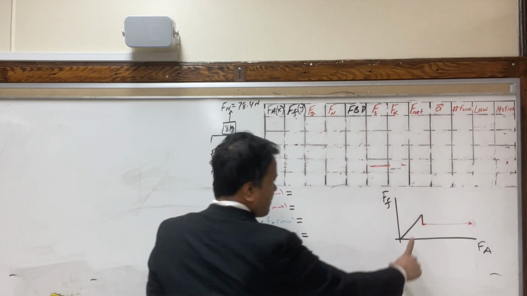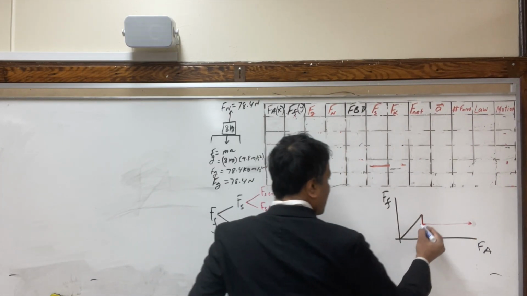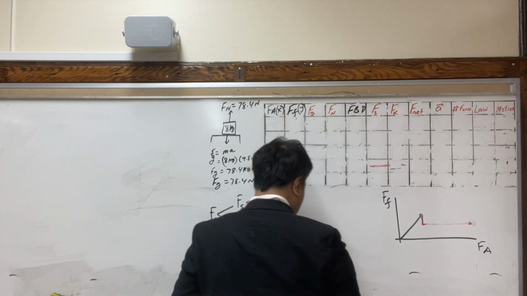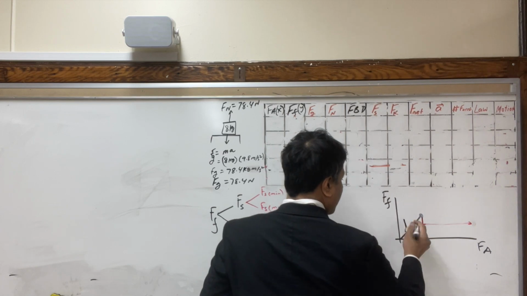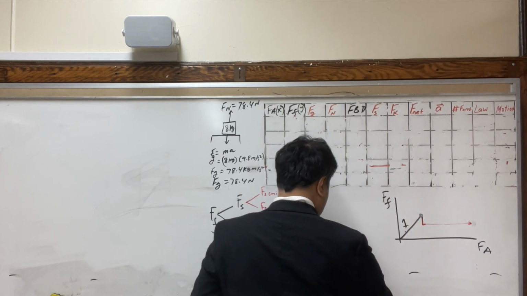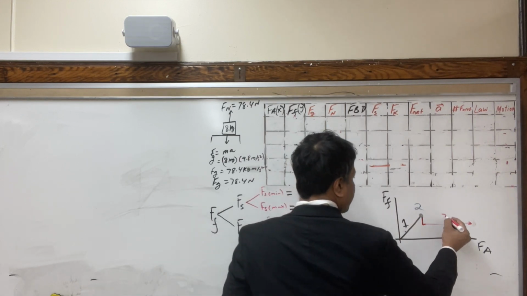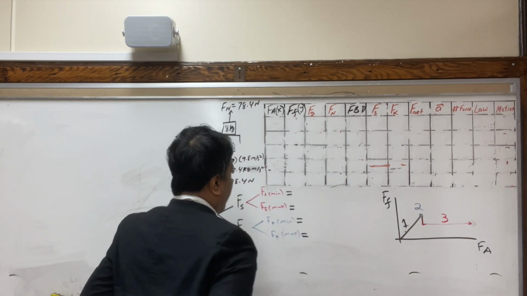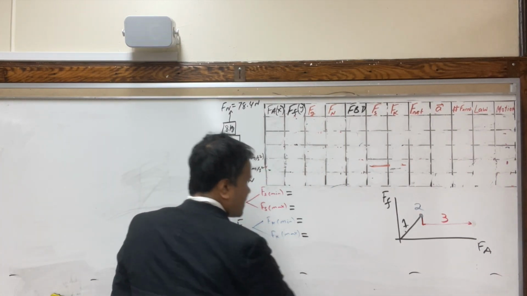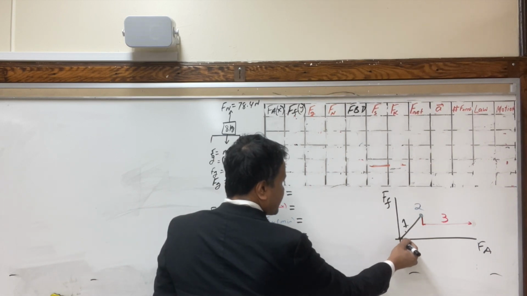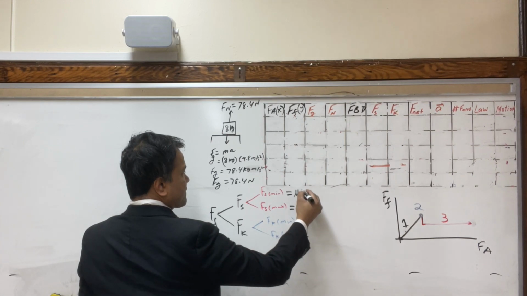It has a black region, a red region, and a blue region. We're going to call them location 1, location 2, and location 3. Okay, so Fs min falls under location 1 right here. Fs min is mu s Fn.